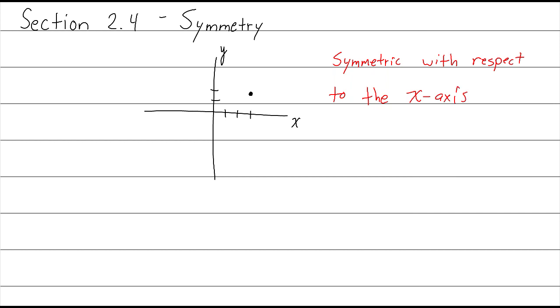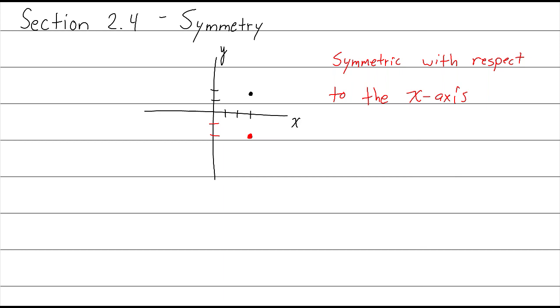that would mean I have a point located with the same dimensions. It's to the right 3 and up 2, except instead of going up 2, I want to go the opposite direction. I want to go down 2. So my point would be located at (3, -2).